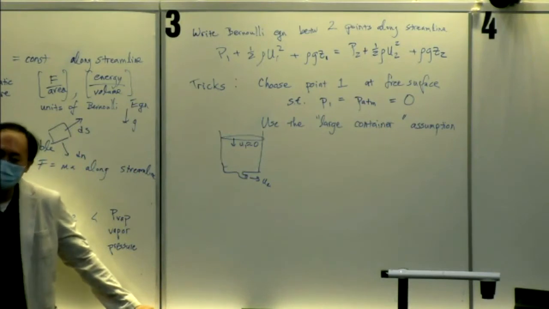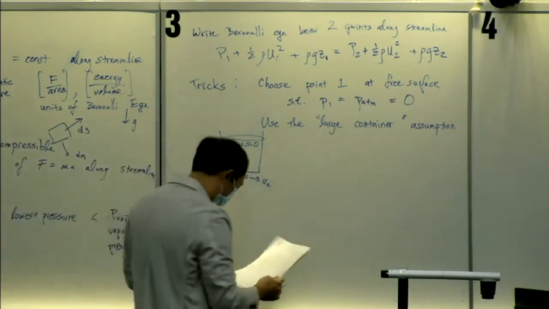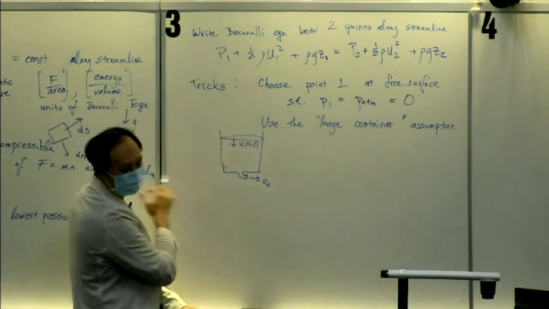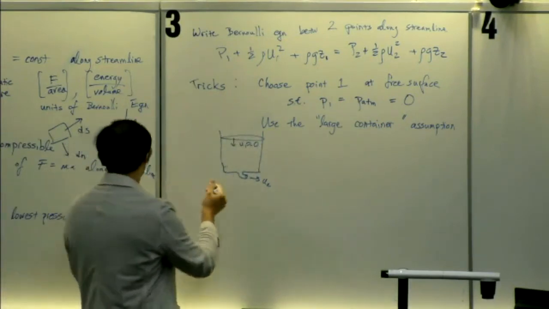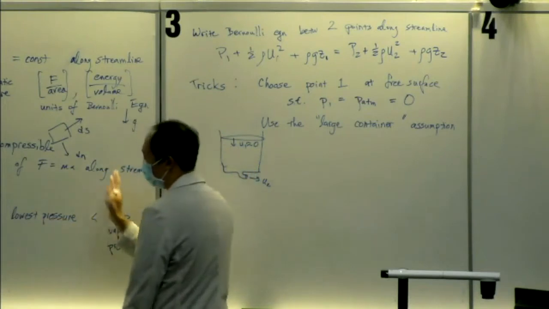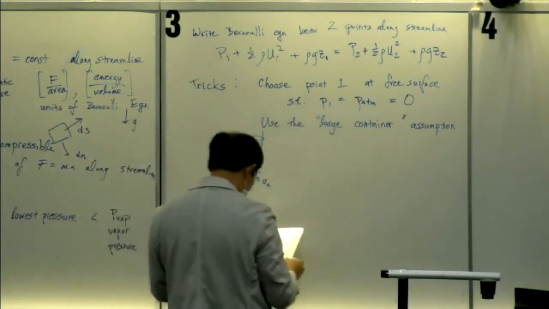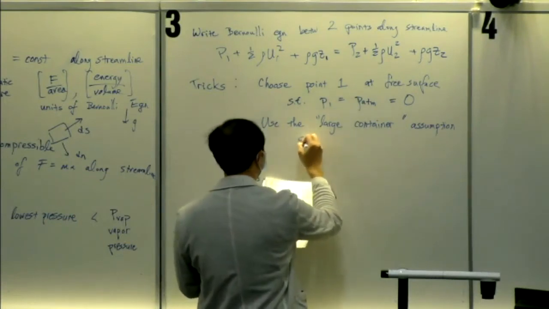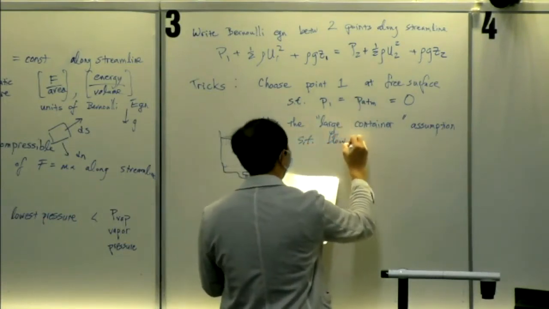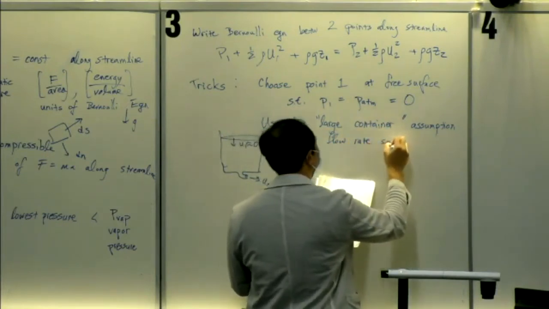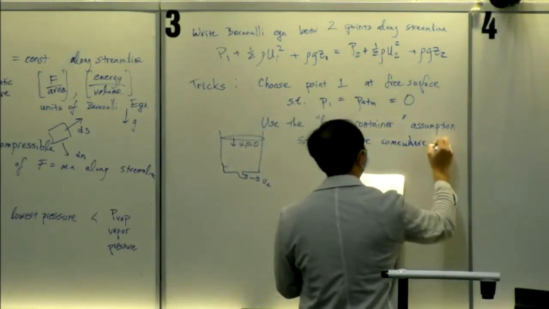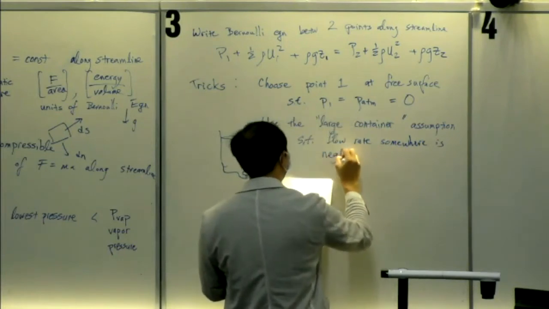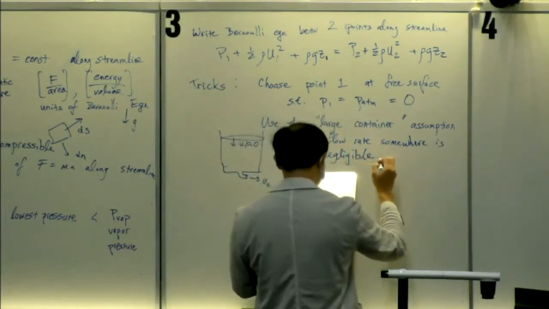Let's say that's the ocean, and someone just put a little stopping hole in the ocean. It'd be very low. In reality, of course it is non-zero, but if you keep it, it just increases all the algebra that you have to do. Such that flow rate somewhere is negligible. Negligible doesn't mean zero, it just means smaller than the other pressures and velocities.